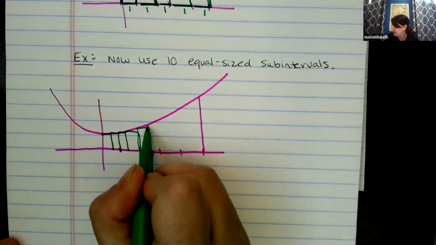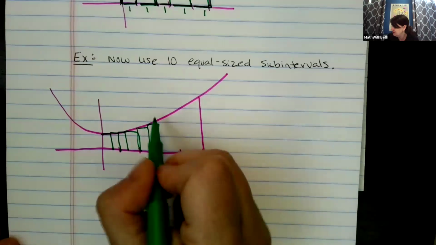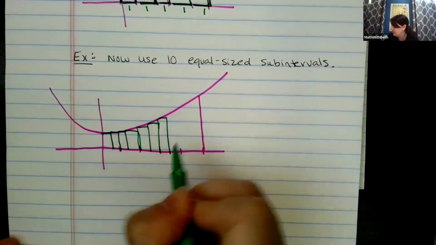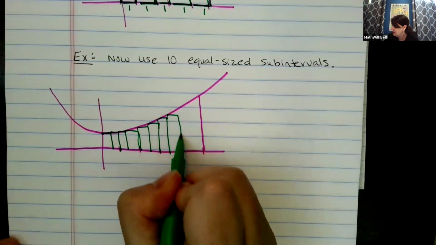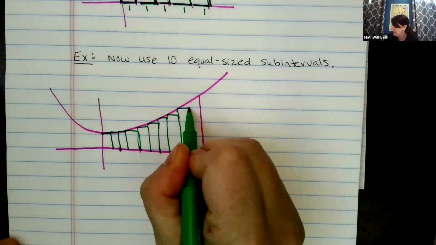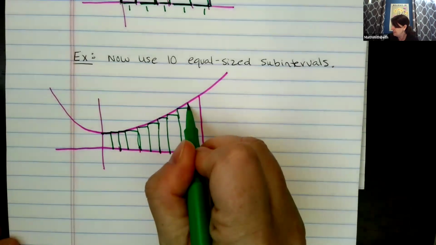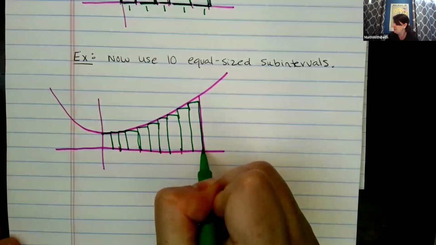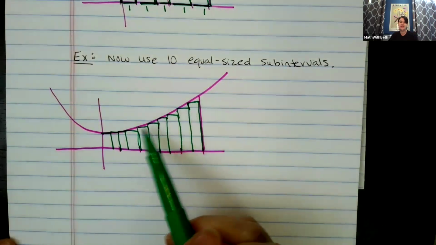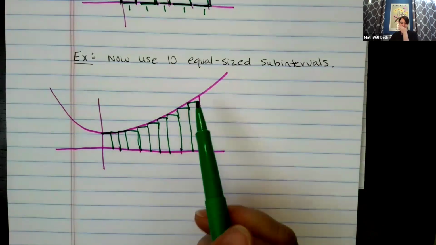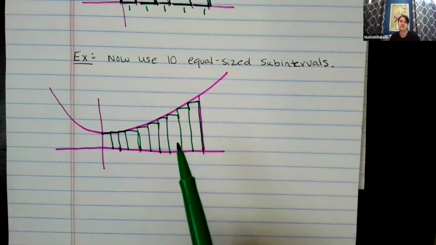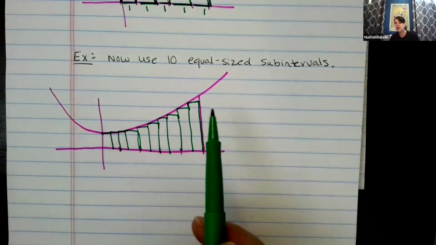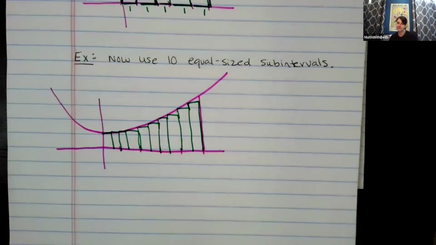Still ends up being under the exact answer because you see sometimes I'm not going quite to the top. But definitely seems like I'm getting closer. So obviously, the more rectangles you split it into, the closer you're going to get to the exact answer.